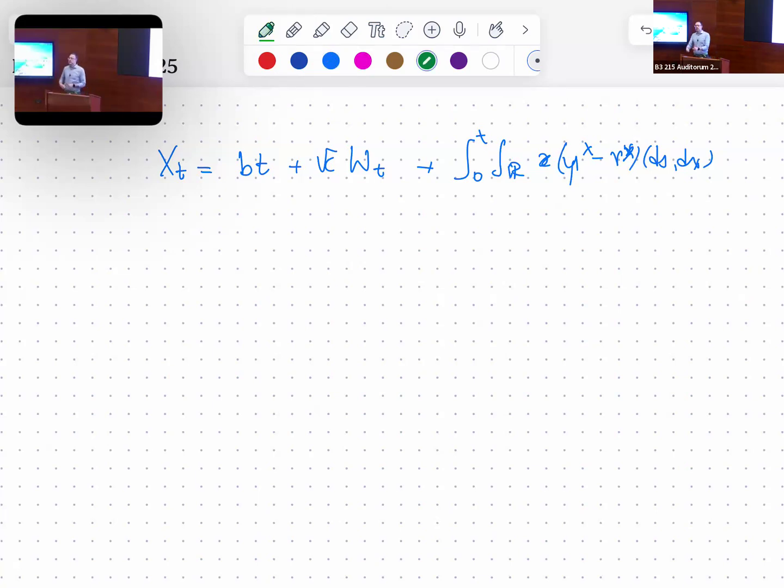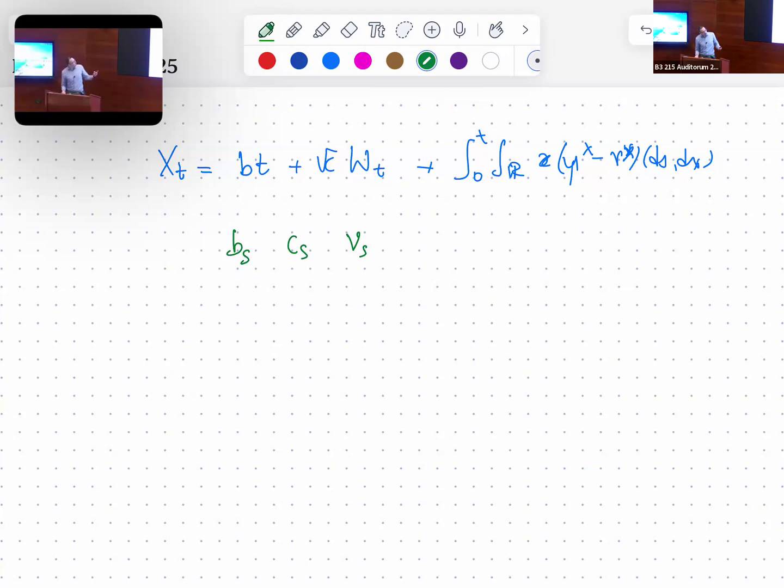Okay, and now imagine that you are taking things step by step. So you have now a process which does not have stationary independent increments. It has only independent increments, but then the coefficients can depend on time. So what you would get here is basically locally some characteristics that depend on the time.